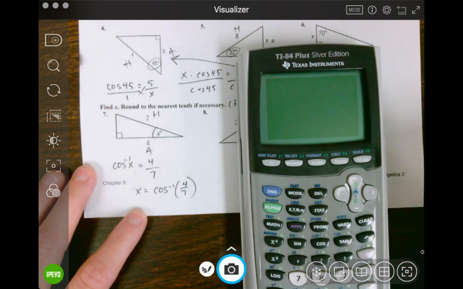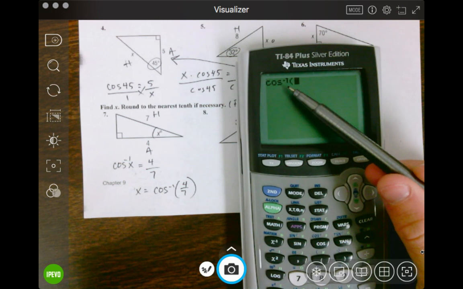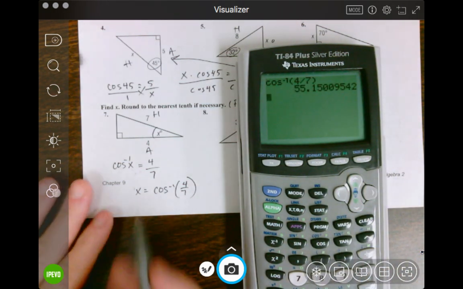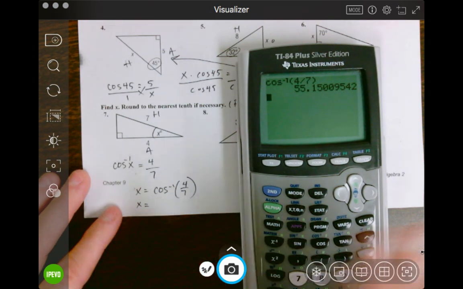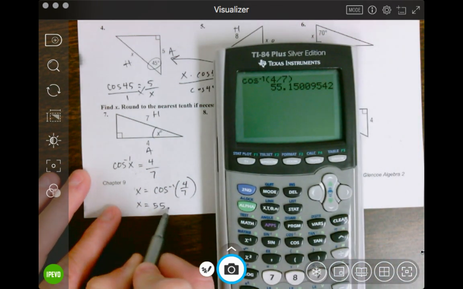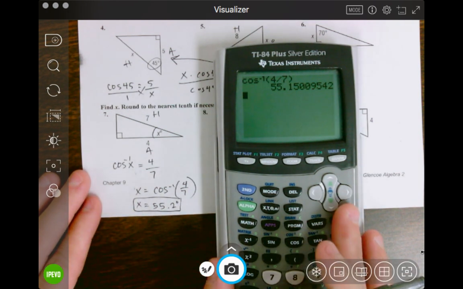So inverse, mine is blue here. So to get my inverse, I'd have to hit my second. And notice you have a -1. And we're doing 4 divided by 7. And we're finding an angle. So x is going to give me, round to the nearest tenth, 55.2 degrees because we are finding an angle there.